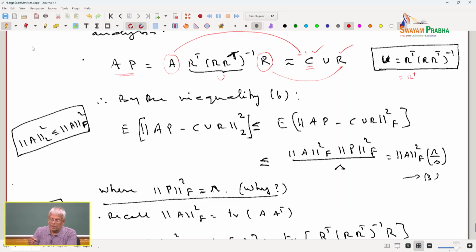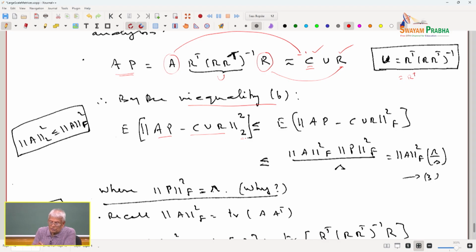And what is the quality of the approximation? The quality of the approximation is given by inequality 6, which again comes from the matrix product. So, AP minus CUR is the error in the approximation expected, and C and R are picked randomly. Therefore, there is an element of randomness in the error. So, the expected value of the square of the norm of the error.